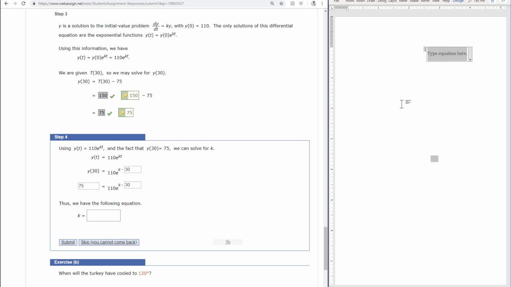We have 75 equal to 110 times e to the k times 30. So let's just put 30k here, and we're solving for this. The first thing we can do is divide both sides by 110, so this 110 is gone. Next we'll take the ln of both sides.